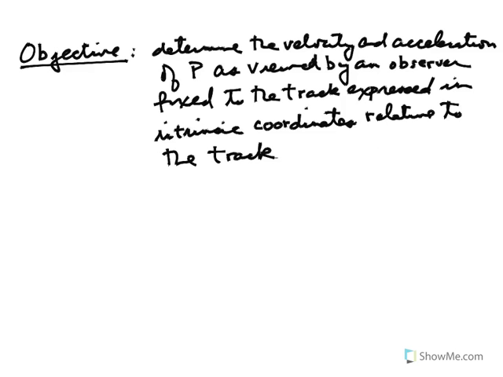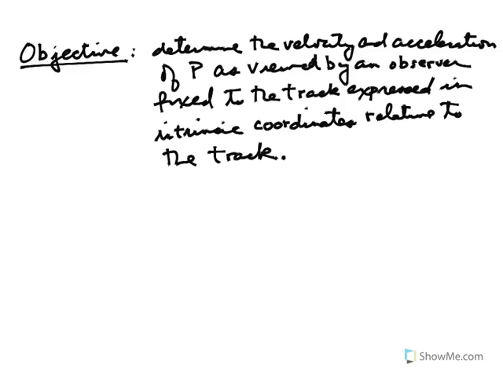So once again, we're going to go about this the same way we did before, except this time, we don't have Cartesian coordinates. We actually have cylindrical coordinates. Because the position is parameterized using cylindrical coordinates, we now have to use cylindrical coordinates to start this problem.